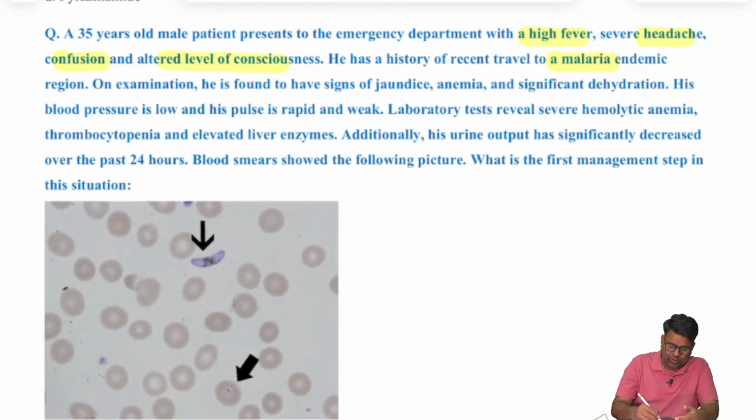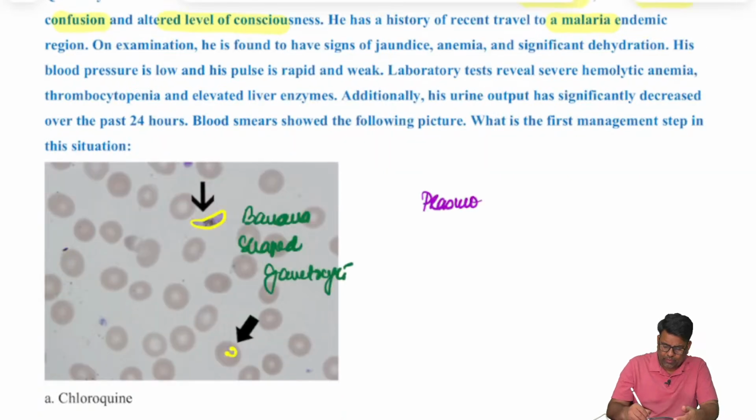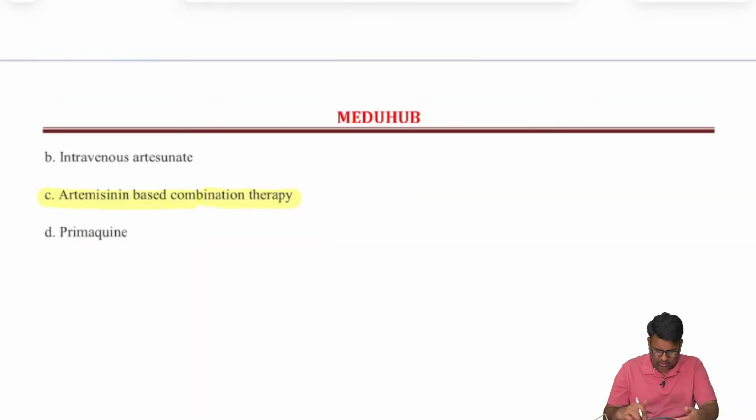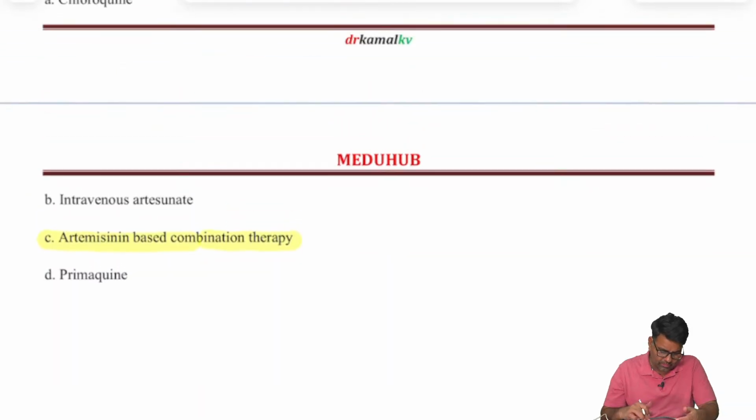And what is important here is the blood smear, which is showing a classical Plasmodium falciparum. And for that, we need to give artemisinin based combination.